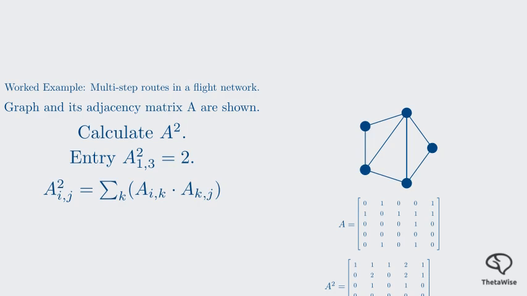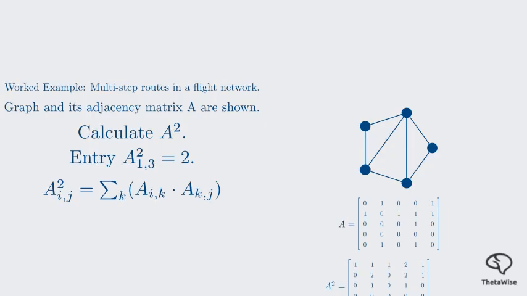This term represents the number of one-step routes from i to k, multiplied by the number of one-step routes from k to j. If both values are 1, it means there's a route from i to k and a route from k to j, forming a two-step path. We sum this over all possible intermediate vertices k. In essence, we are counting all possible intermediate cities that can connect our starting city i to our destination city j in 2 flights. This process is precisely how matrix multiplication counts multi-step routes.